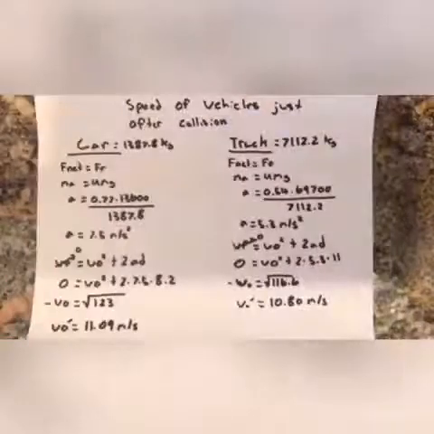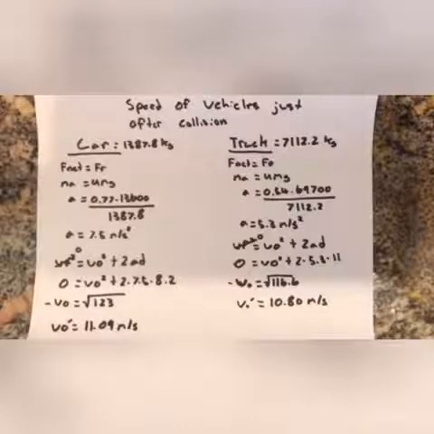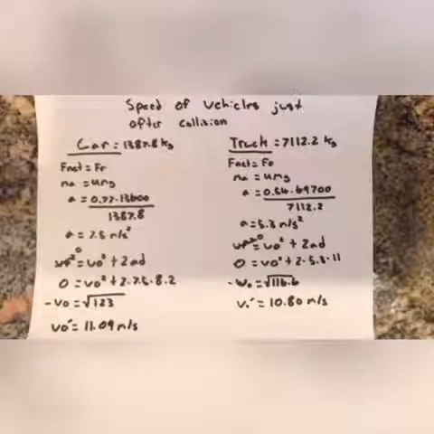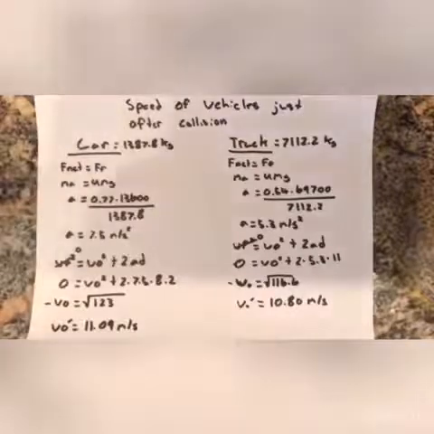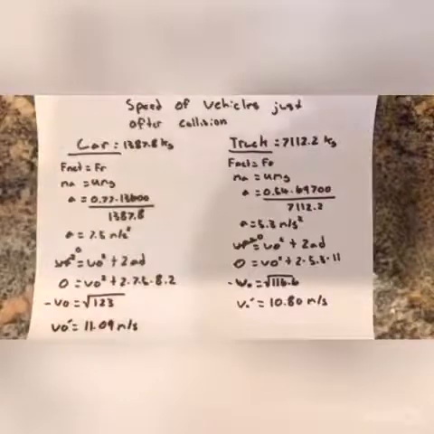So, in order to determine the speed of each vehicle just before the collision, we'll need to first find the speed of each vehicle just after the collision, because we'll be using momentum. So, using some of the info provided, such as the mass of the car, the mass of the truck, and the distance each of them traveled, we can find this out.